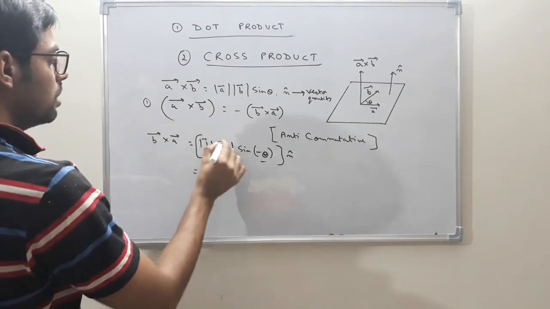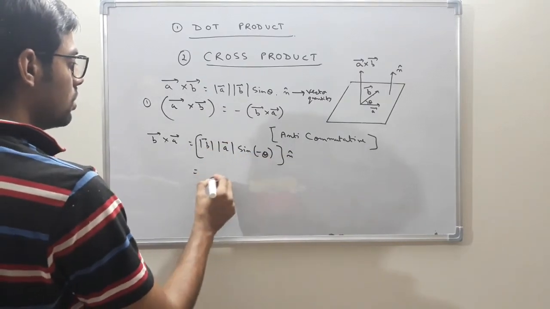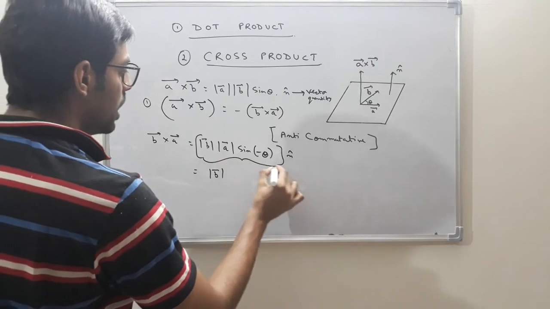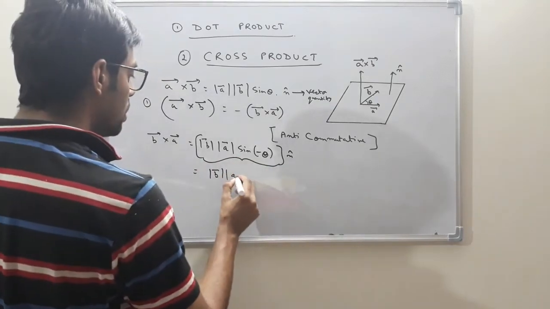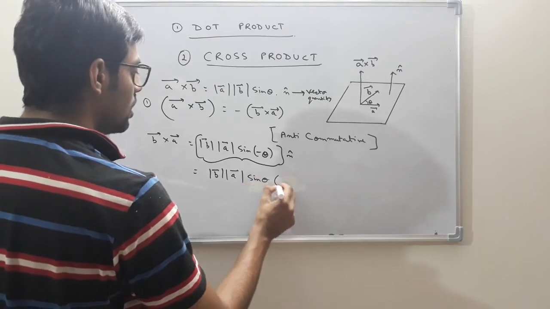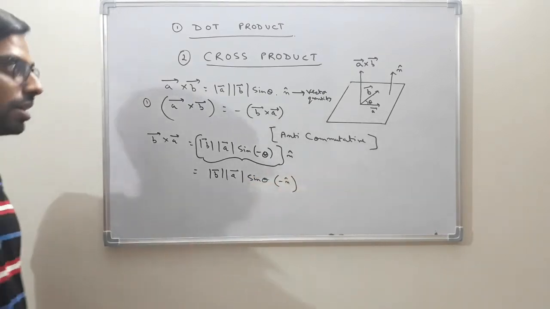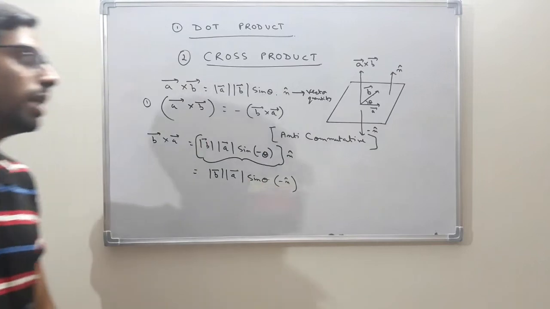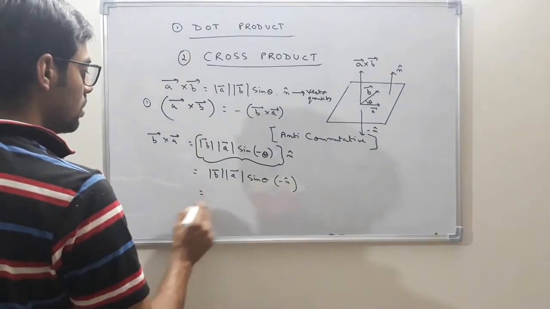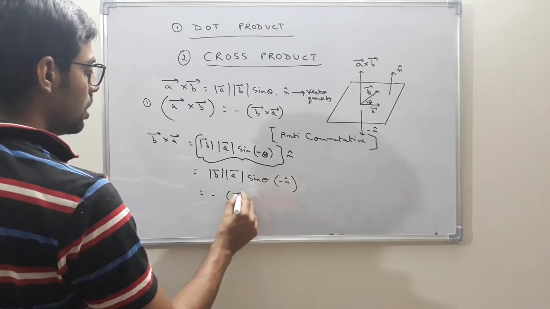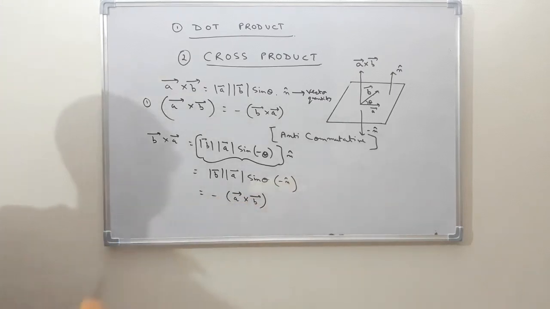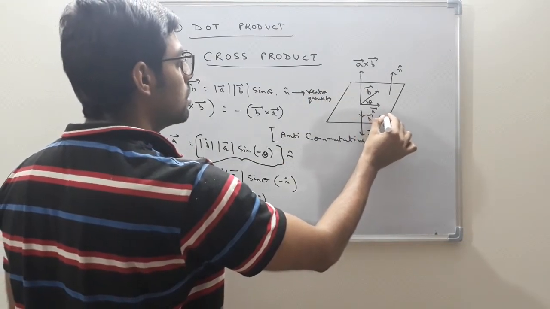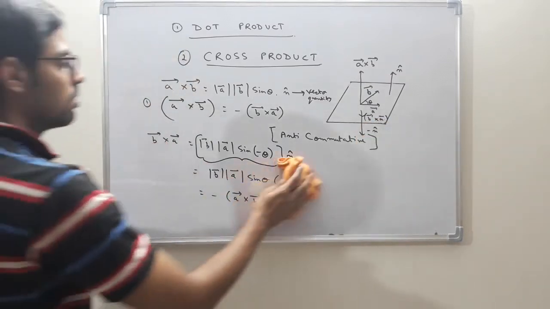So B cross A equals mod B mod A sin of minus theta into n hat. Now this whole thing is a magnitude part, and magnitude cannot be negative. Therefore mod B mod A sin theta into minus n hat. So the direction will be negative. This is the direction of plus n hat, therefore the direction of minus n hat will be this direction. Therefore it is equal to minus of A cross B. B cross A equals minus of A cross B. A cross B is in this sense, therefore B cross A will be in this sense. Therefore these two are anti-commutative in nature.